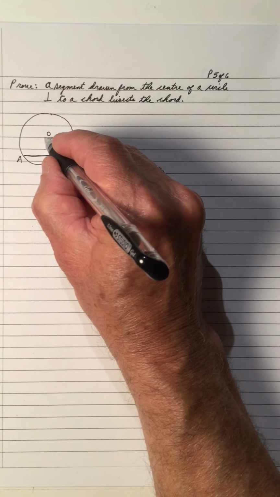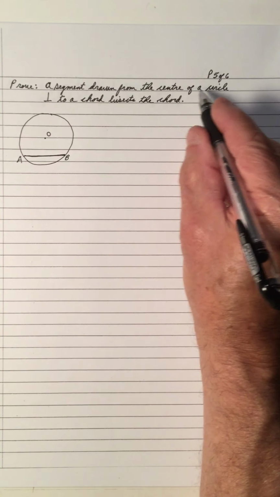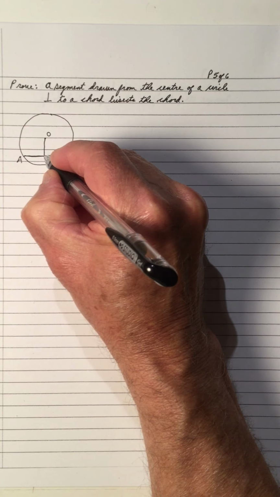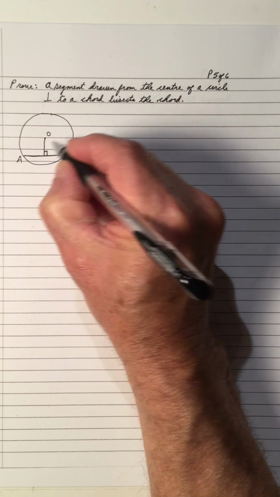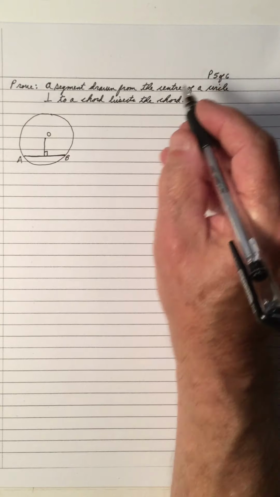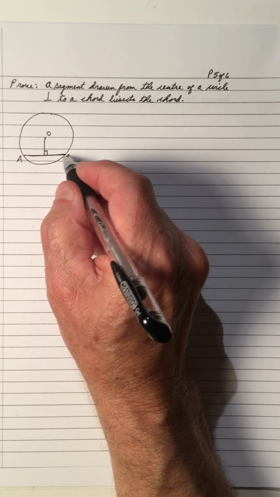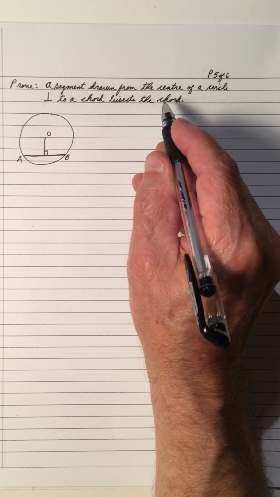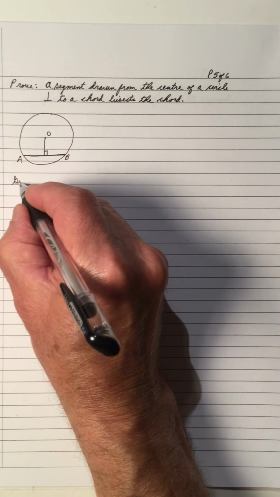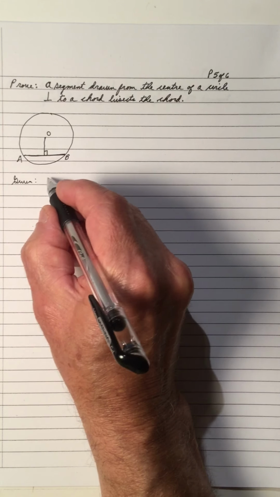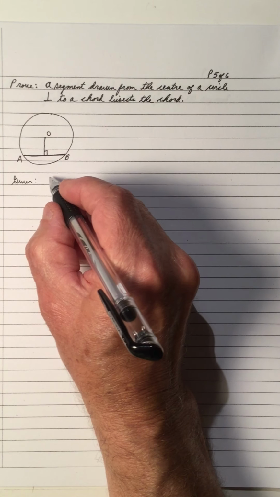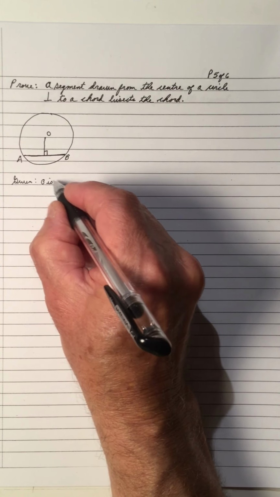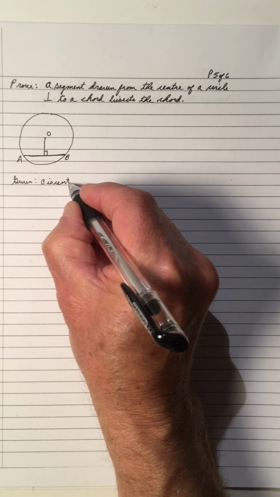Now it says a segment drawn from the center perpendicular to a chord. So it's perpendicular to the chord right here. So that means that we have to prove that it bisects the chord. So let's put down what we're given. We're given O is the center of the circle.